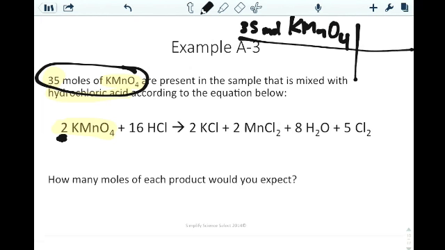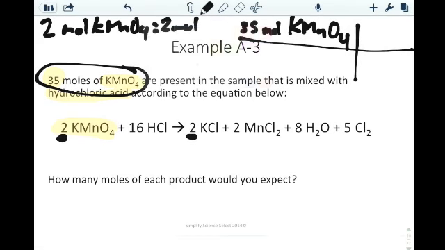So to our first product, potassium chloride, it's a 2-to-2 mole ratio. So what that means is we have 2 moles of KMnO4 equals our 2 moles of KCl. And then all you do is match everything up.